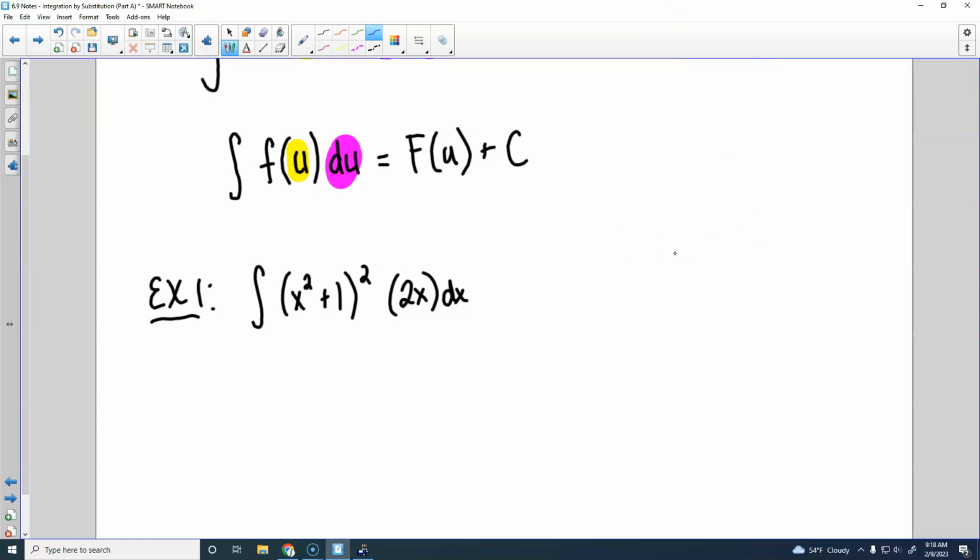Okay, so here is what we've got to do for a problem like the one that we see here for example 1. What we're looking at is the result of a chain rule. Now, you do have the option on this. You could multiply this out, distribute the 2x, and use regular integration rules.